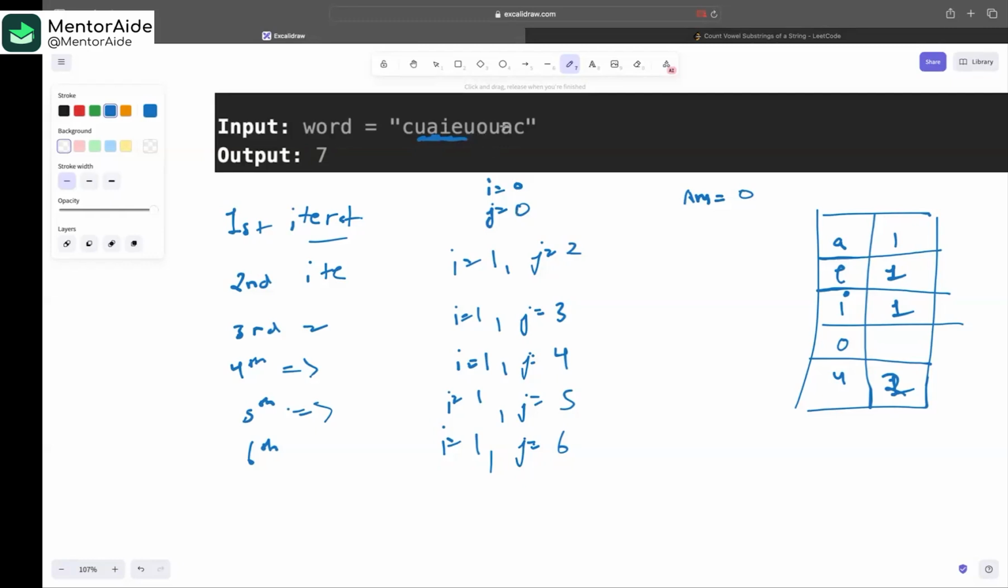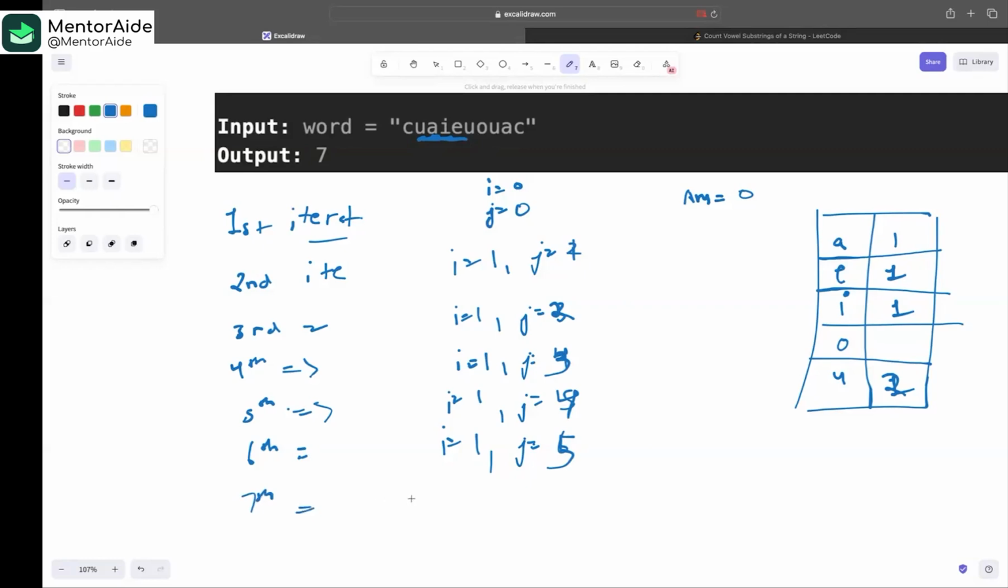Yeah, I think we messed up here. So J was 1 here. It was 2 here. It was 3 here. It was 4 here. It was 5 here. Now it makes sense.